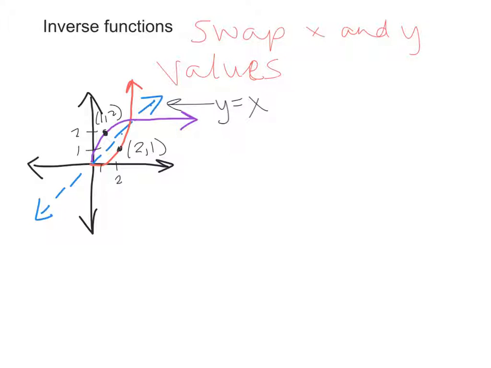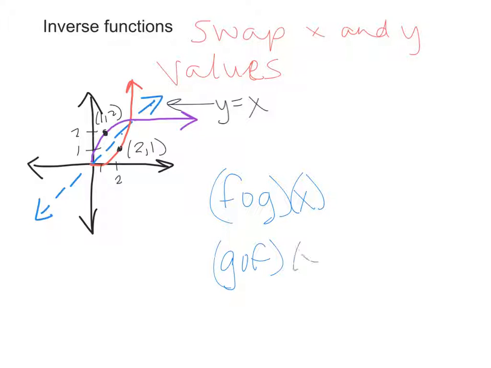Cool. Let's look at this analytically. Whenever I'm trying to determine if functions are inverses, you can do a composition of functions. So remember back to previous information going into the current lesson, when we talked about a composition f of g of x and g of f of x.